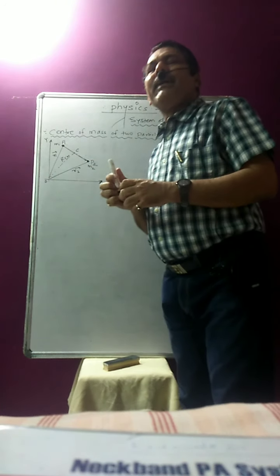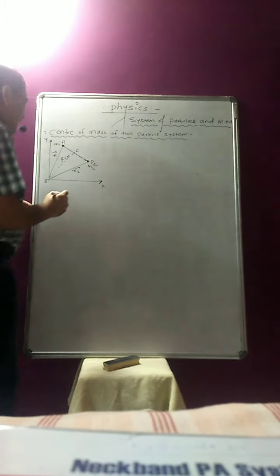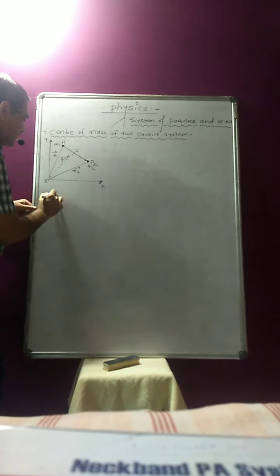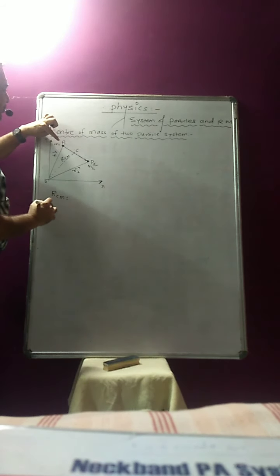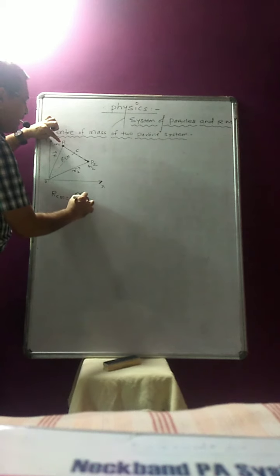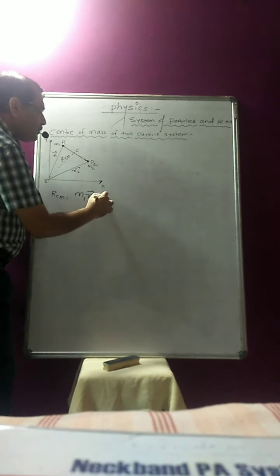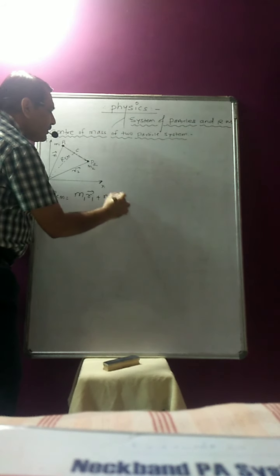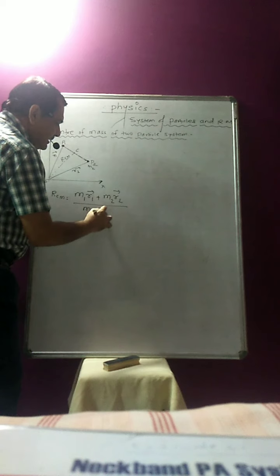How can we find that position vector of center of mass? RCM can be calculated by using the formula M1 into R1 bar plus M2 into R2 bar upon M1 plus M2.